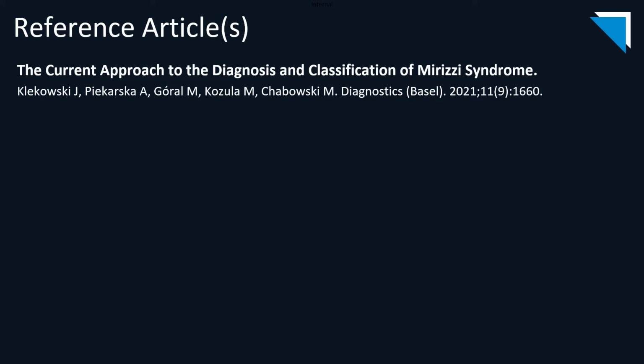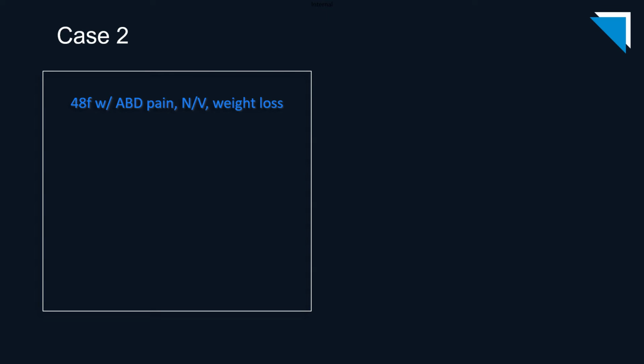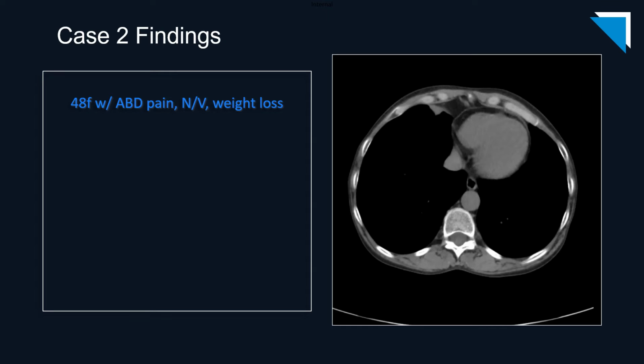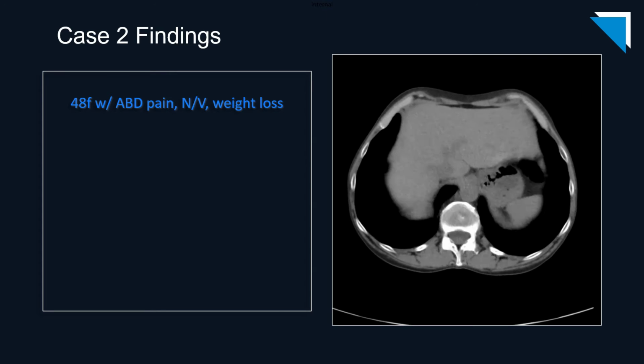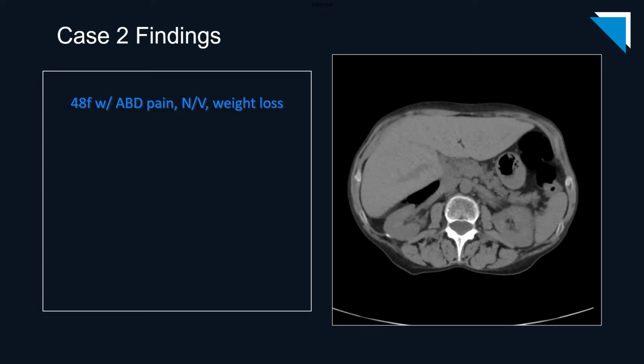Our second patient is a 48-year-old woman with abdominal pain, nausea, vomiting, and weight loss. We'll begin with the axial images from a non-contrast CT scan of the abdomen and pelvis.